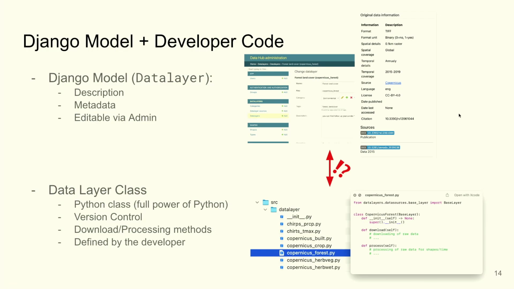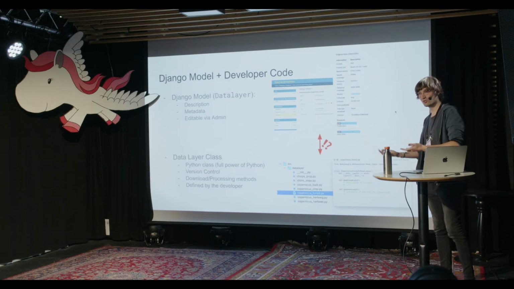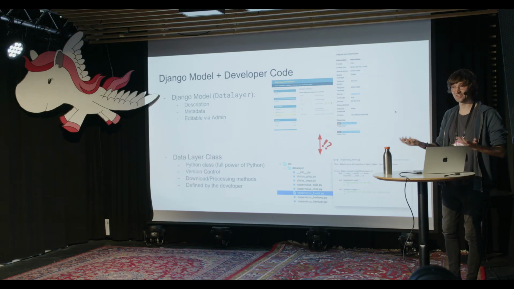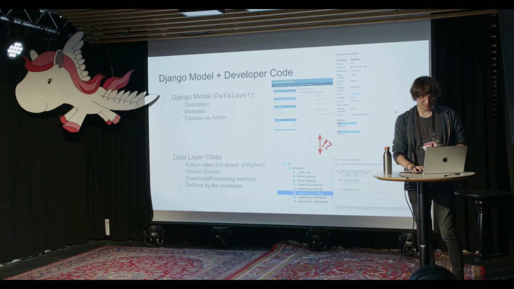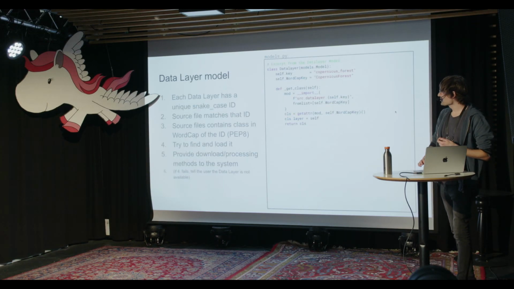And I somehow needed to find a way to merge the database part with the actual user-contributed file system part, with actual code from the user space I wanted to execute in my system, which is a little bit unconventional, I think. So that's what I actually came up with.